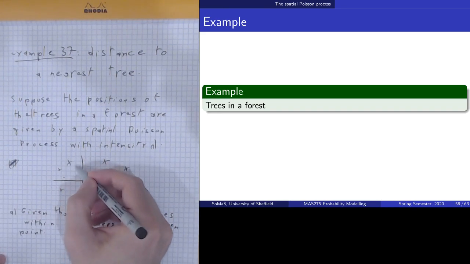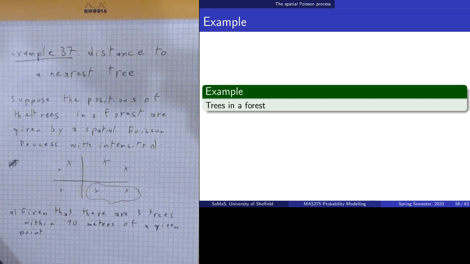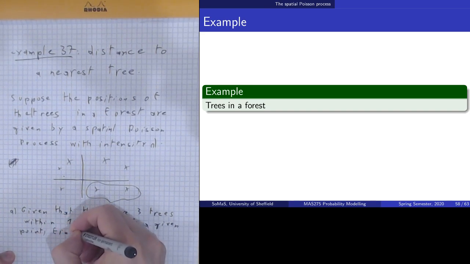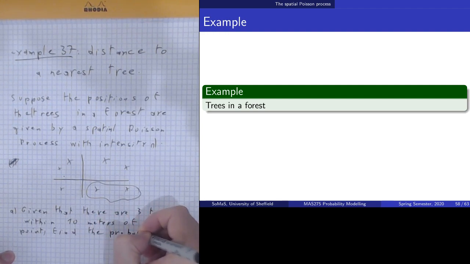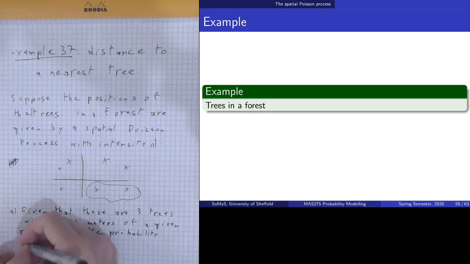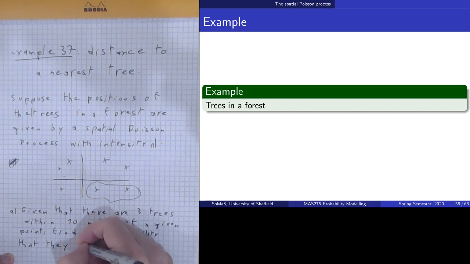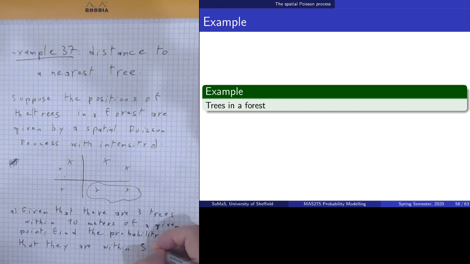There's 3 trees within 10 meters. Suppose that these 3 x's are all within 10 meters of the point I chose. What is the probability that they are actually within 5 meters?